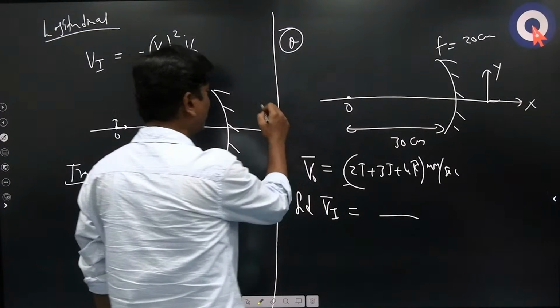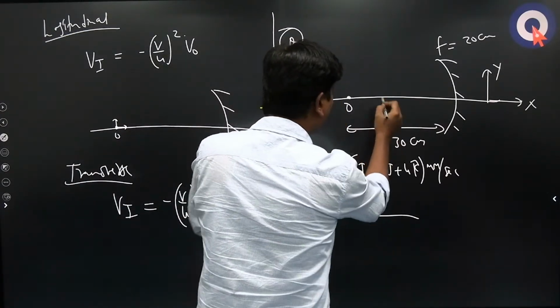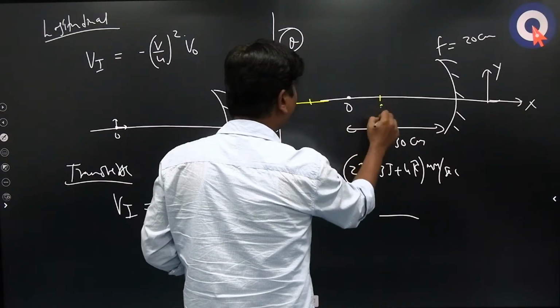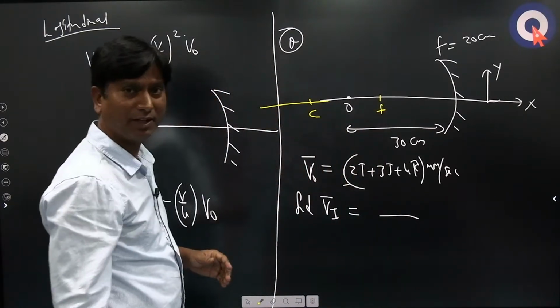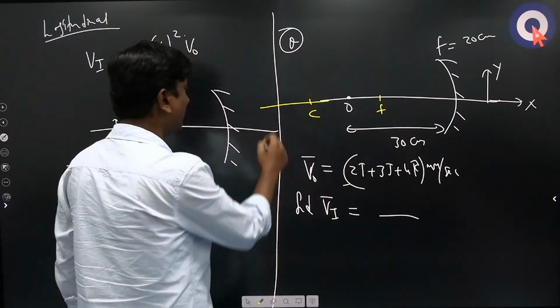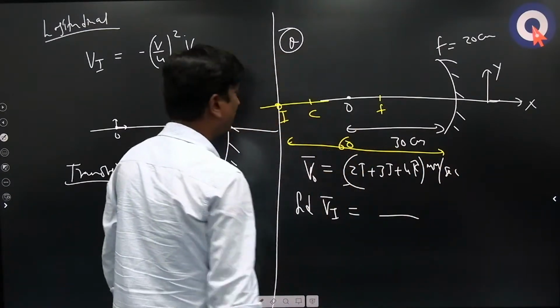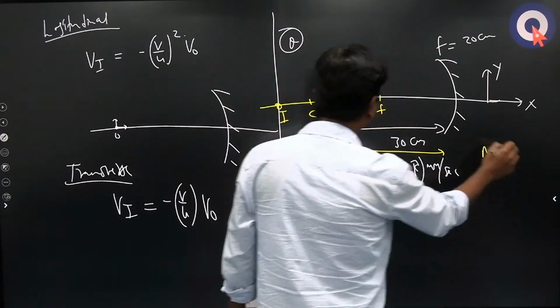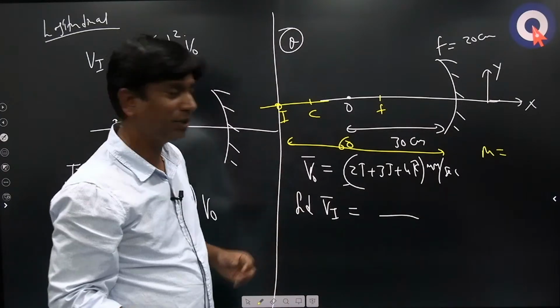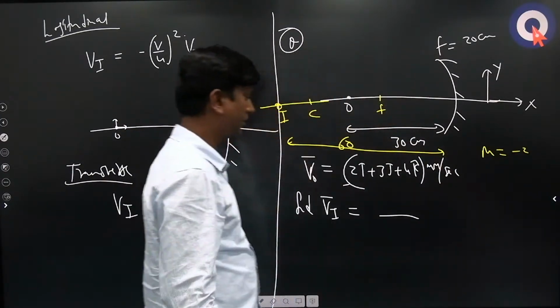If you calculate 1 by u plus 1 by v equals 1 by f, generally whenever the object is exactly between f and c, the image distance you get is double the object distance. So I'll get the image somewhere here, which is 60. And it is definitely a real image, so the magnification will be -2, right?